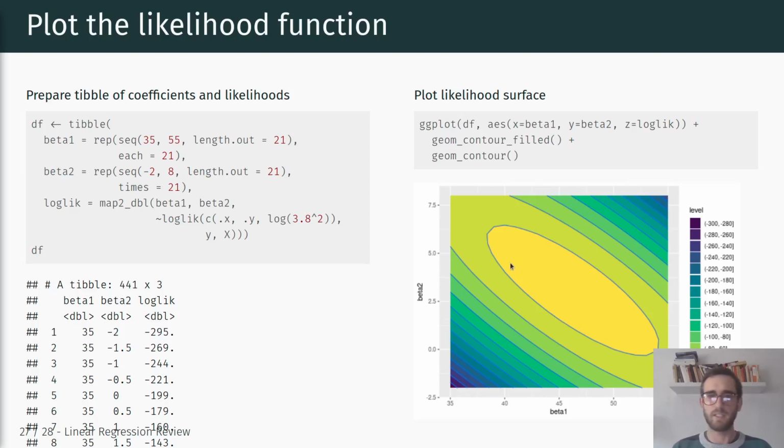The colors here, the further we go towards yellow, the higher the values of this likelihood function that we return.